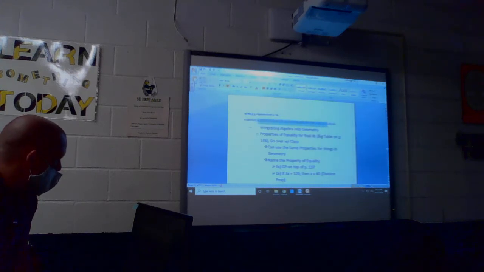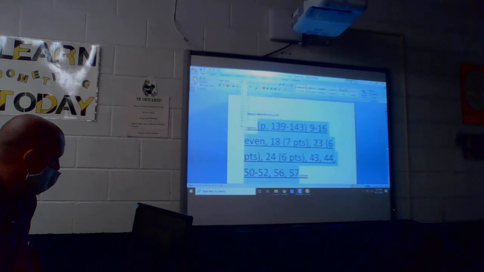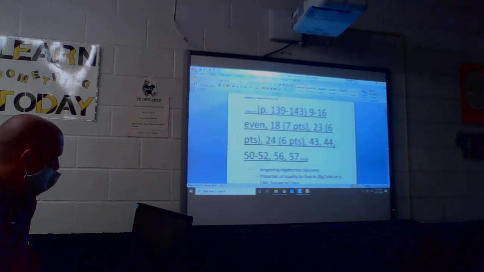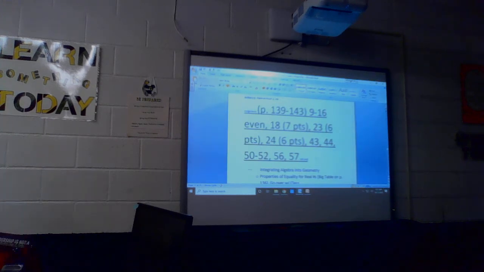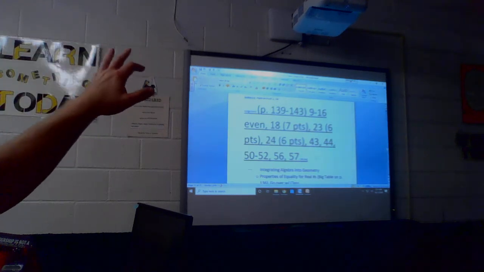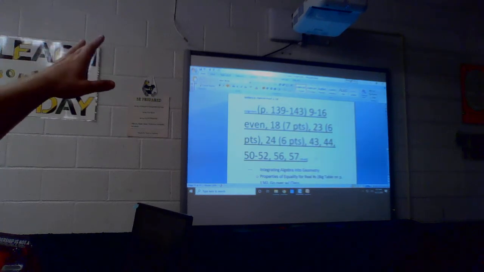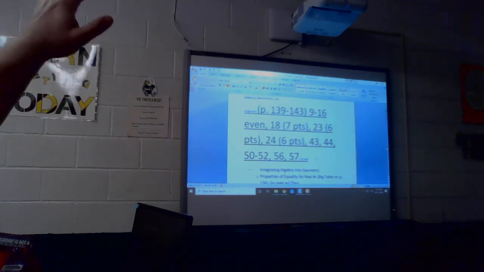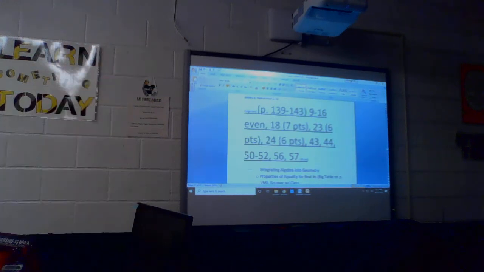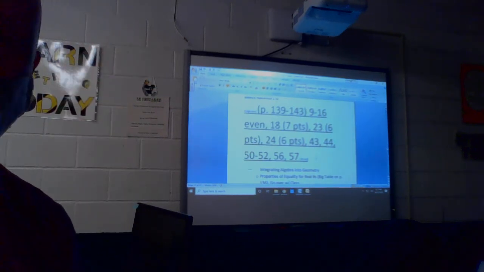So again, when we write down the assignment here, notice number 18 is worth 7 points, number 23 is worth 6 points, 24 is worth 6 points. I would guess these are all proofs. And that tells you how many steps there are in each of those proofs. Now again, don't freak out that there's that many points, because it could just be an algebra problem that you need to work through, especially today.